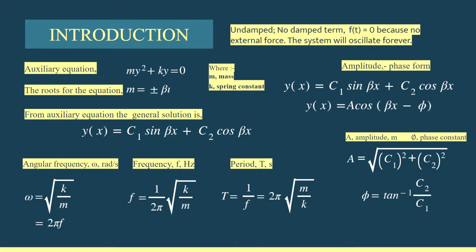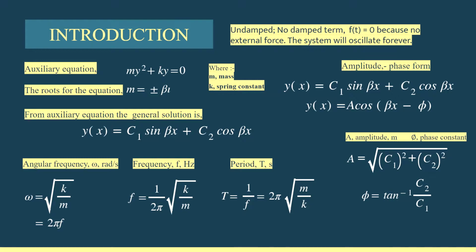We come out with y(x) equal to A cos(beta x minus phi), where A equals the amplitude and phi equals the phase constant. For the amplitude, we use the Pythagorean theorem, A equal to square root of c1 squared plus c2 squared, where the values of c1 and c2 come from the general solution. For the phase constant phi, we use tan inverse of c2 over c1.